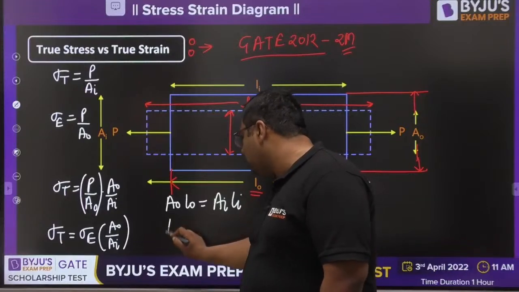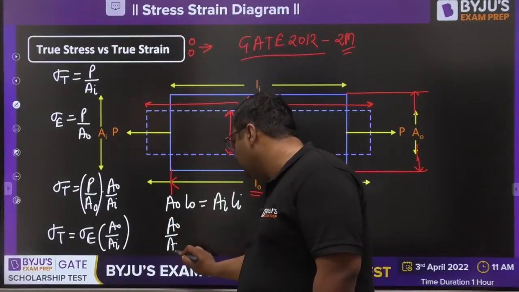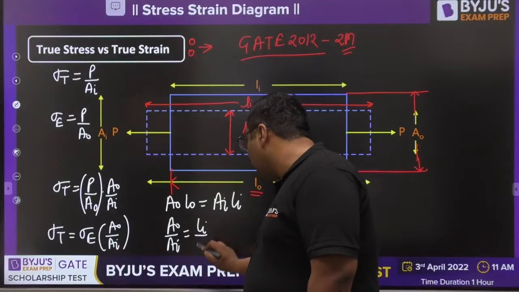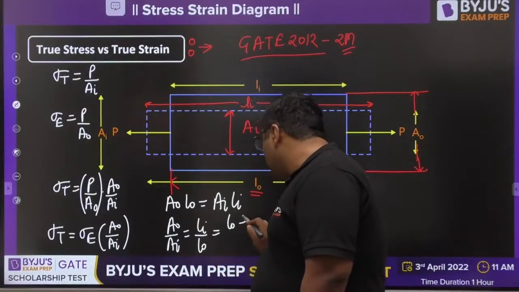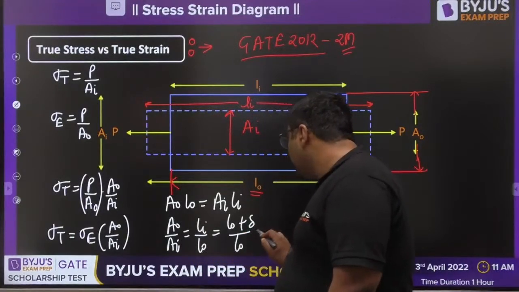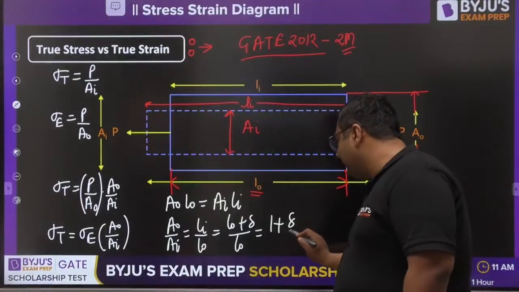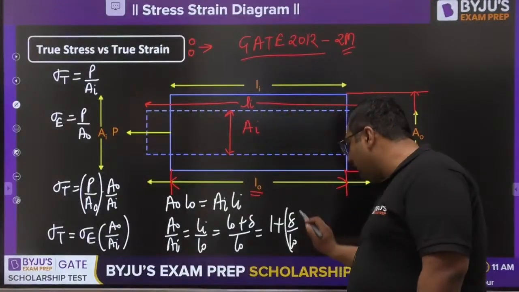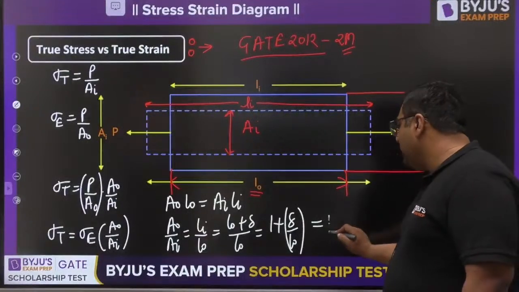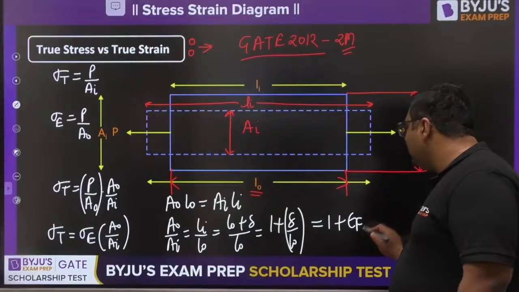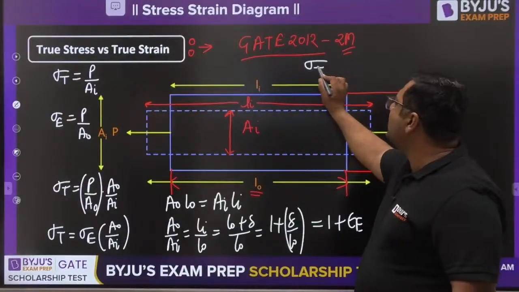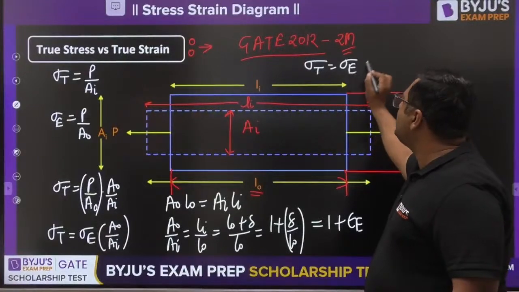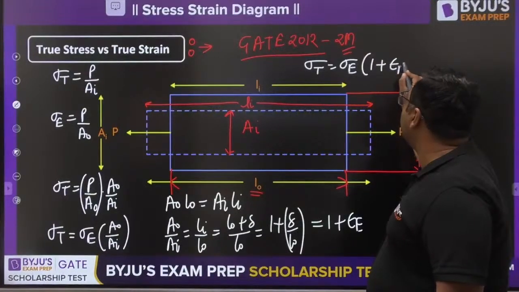So you can write A0 by Ai as Li by L0. Li is L0 plus delta, by L0, that is 1 plus delta by L0. Delta by L0 is the engineering strain. It is 1 plus engineering strain. So my dear, you can write the true stress as engineering stress into 1 plus engineering strain.